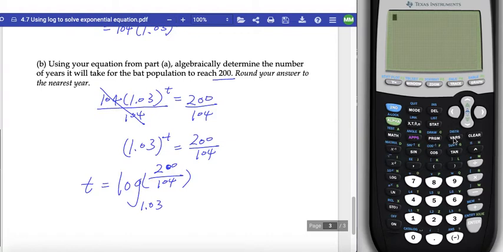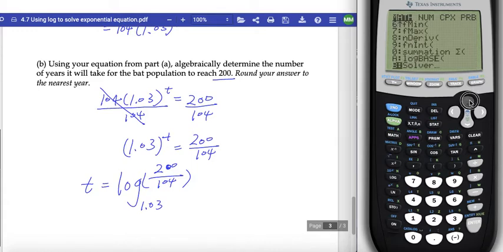Now let's put it in a calculator, since there's no way for us to do mental math like this. So always go to log base. This says 1.03, this is the base, right? And then we put in the argument, 200 divided by 104, and then enter.